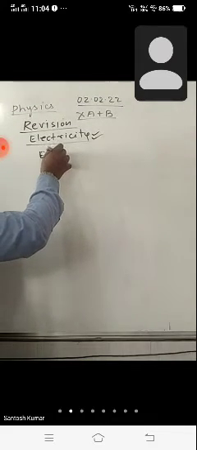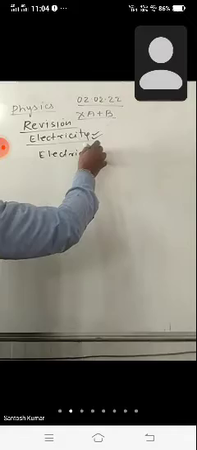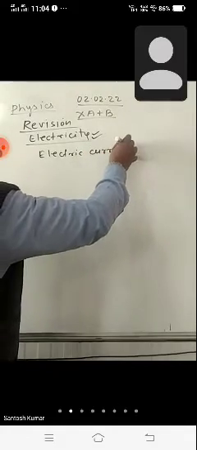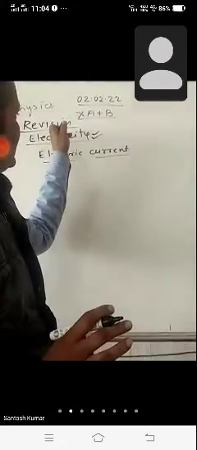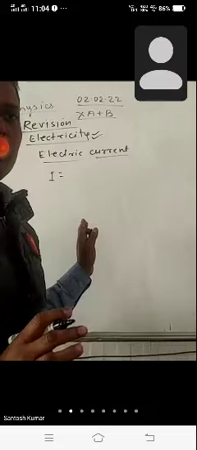So just see, first of all, our target is to look after the term electric current. After that, we will see about the voltage. So electric current, as we are just doing revision work, no need to go for the definition.